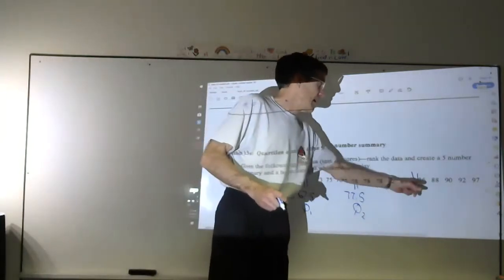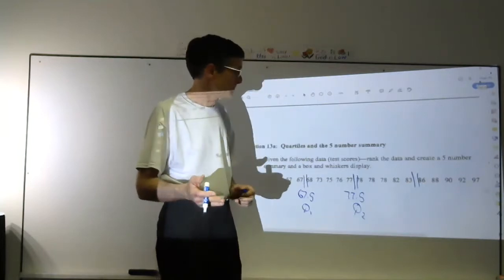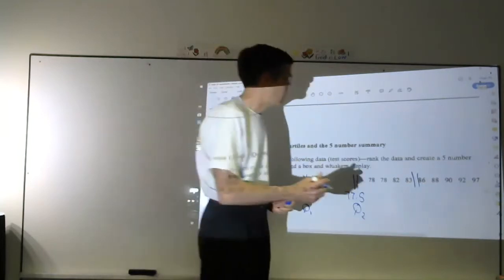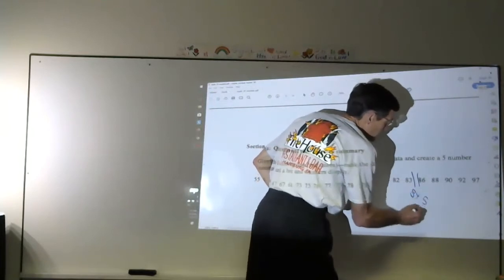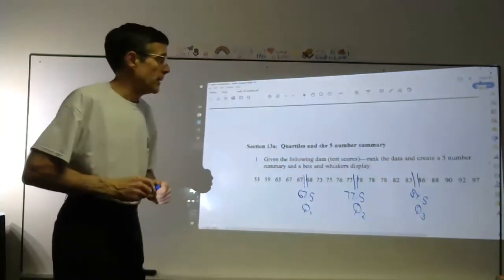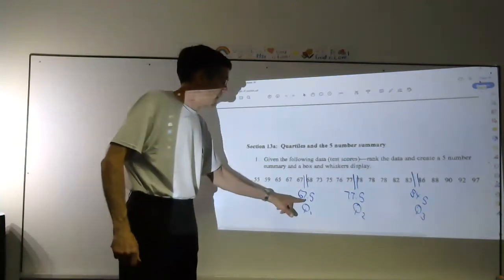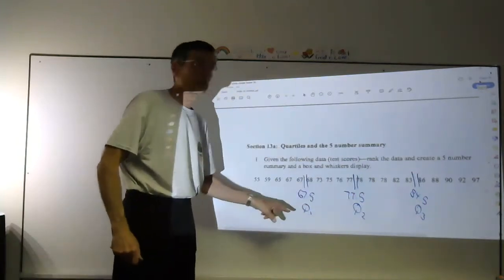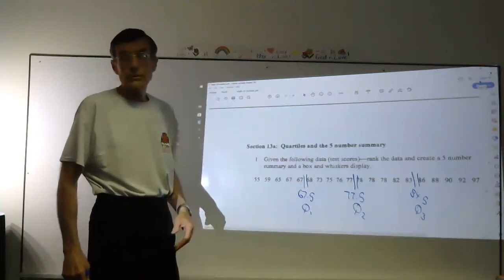You add 83 and 86, which is 169, and divide by 2, which gives 84.5. Now these 3 numbers divide my data into quartiles.